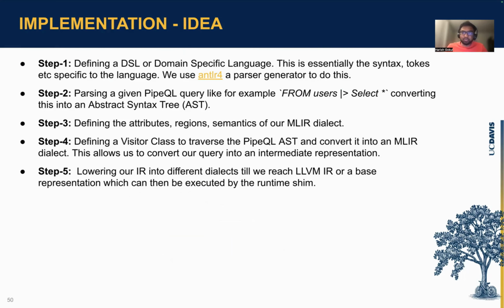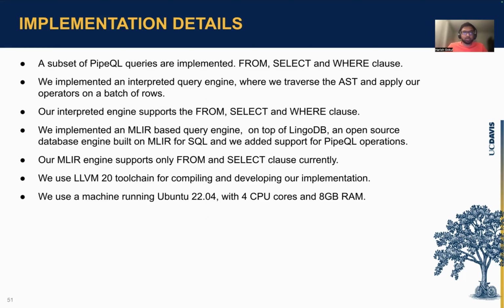Defining a DSL, which is syntax, tokens, etc. Parsing the PipeQL query, for example, from users select star, into an AST, defining attributes, regions, and semantics of our MLIR dialect. We define a visitor class to traverse the PipeQL AST and convert it into MLIR. And then this allows us to lower the IR generated from this step into a stage where the base representation can be executed against the runtime shim, which is going to be the storage engine, right?